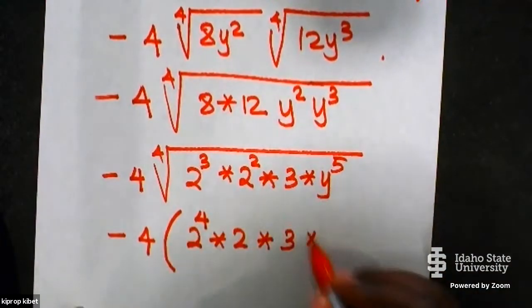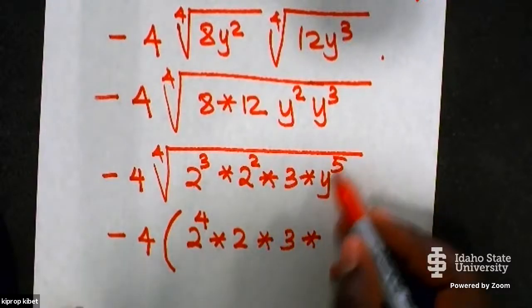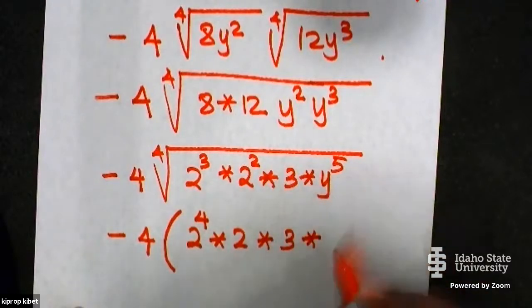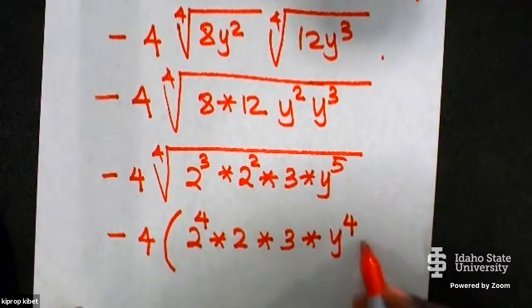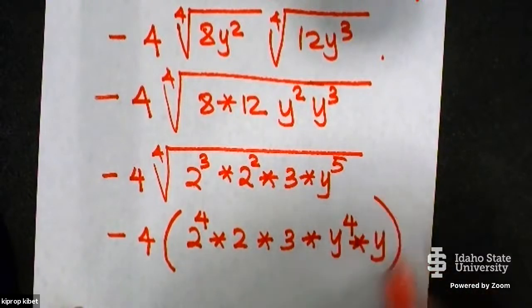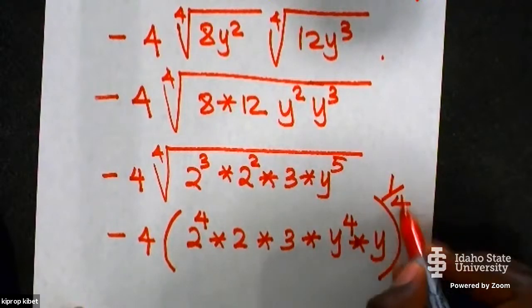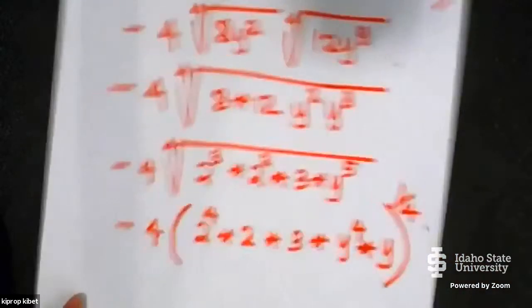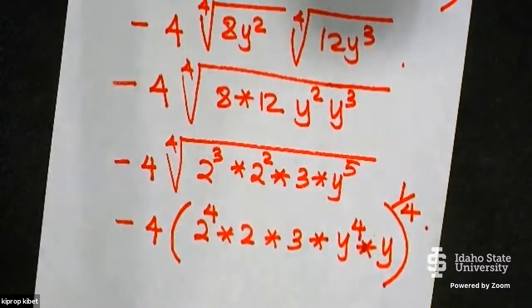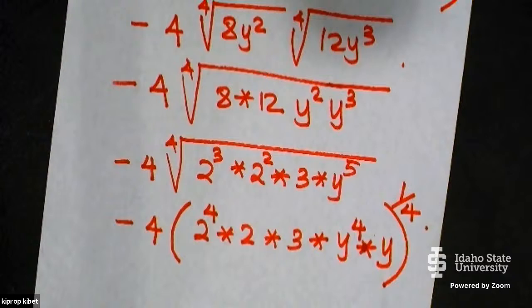And then multiply by, we want to change this one again. We want to simplify this. Y raised to 4 times y raised to 1. All these raised to 1 over 4. All that raised to 1 over 4. Then now you distribute the power.